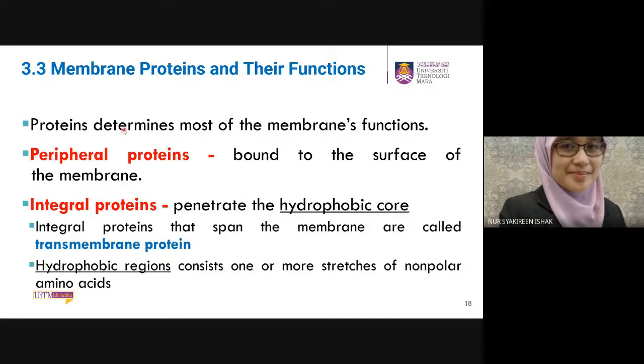So the presence of the protein, for example, allows certain molecules or ions to pass through the membrane. So these ions will have their function in the cell. For example, in the neuron cell, the movement of ions, sodium and chloride ions, for example, in and out of the cell through channel protein.